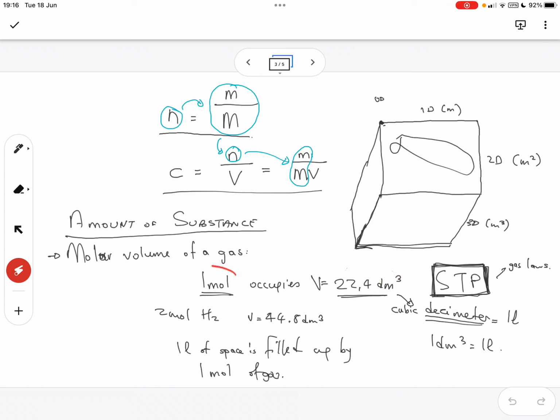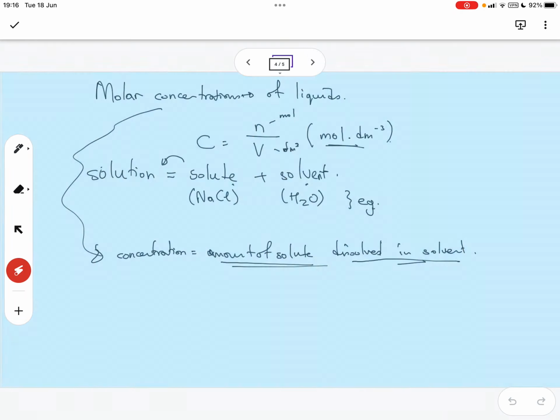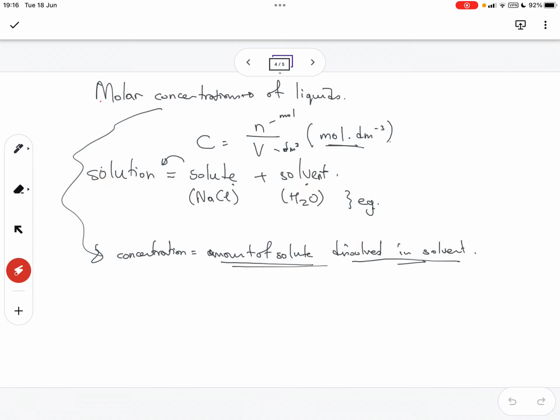And that's the volume that 1 mole of gas occupies. So when we know that information, in fact, that information is all that we need to know for the molar volume of gases. Now, the next thing that has to do with moles is the molar concentration of liquids.